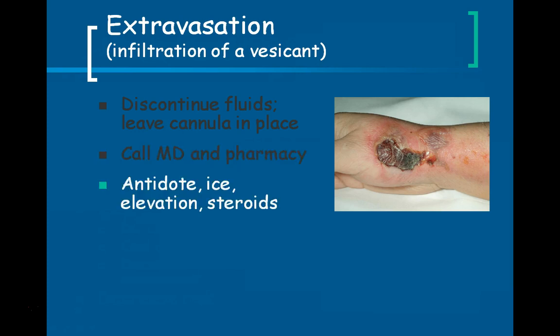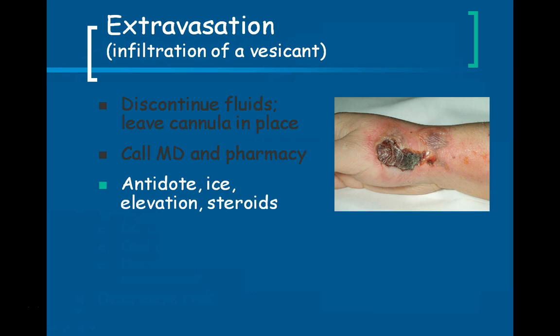And often we'll use ice because we want vasoconstriction to keep the fluid from causing further tissue damage. We'll elevate the limb, and often the patient will get steroids as well, but the damage can be significant.